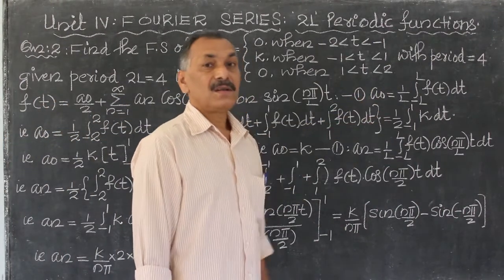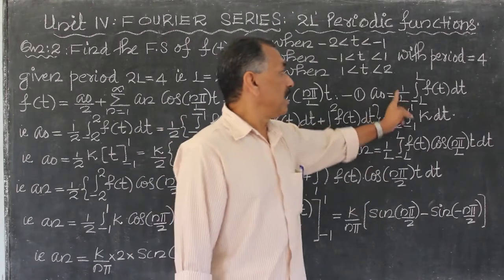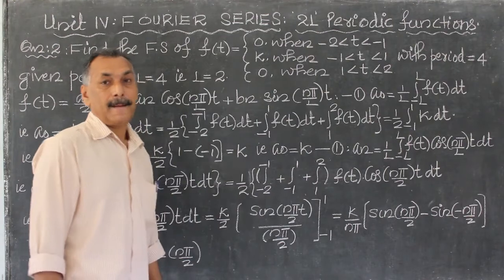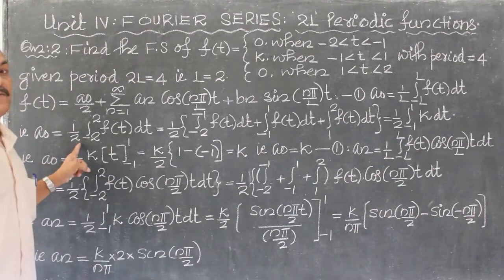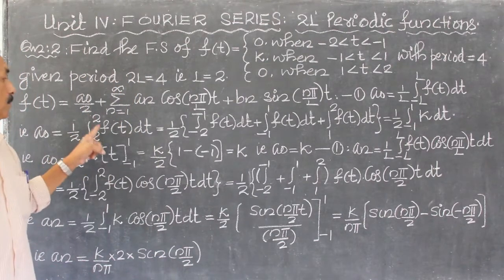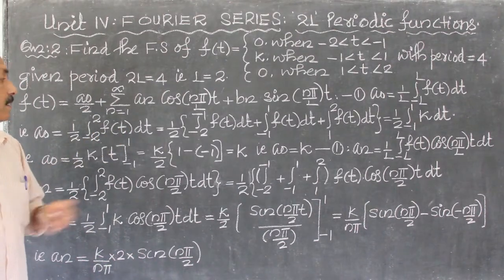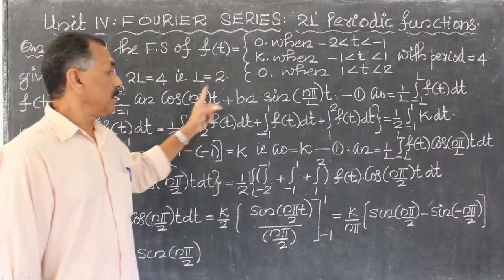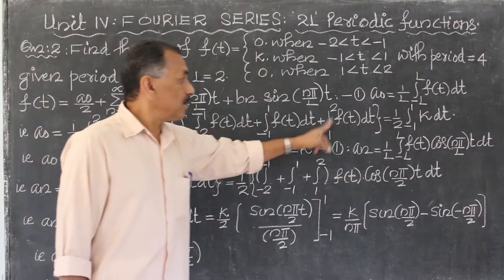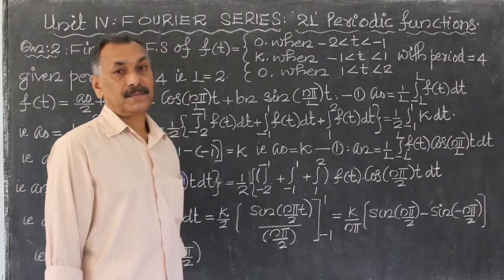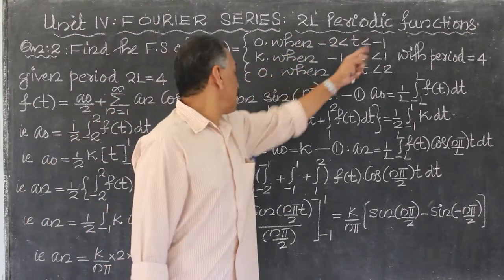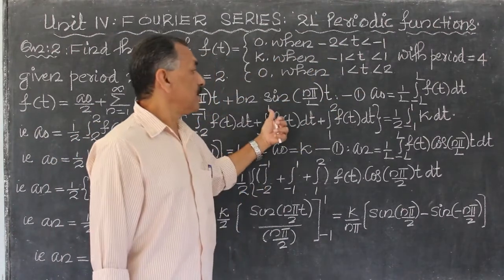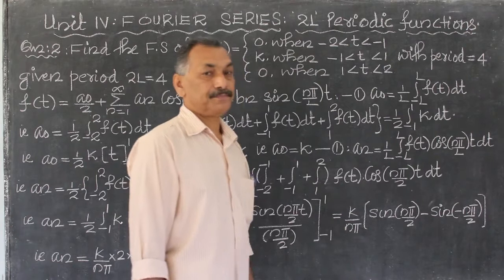What is a0? a0 is equal to 1 by l into integral minus l to l f of t dt. That is a0 is equal to 1 by 2 integral minus 2 to 2 f of t dt, which equals 1 by 2 into the integral from minus 2 to minus 1, plus minus 1 to 1, plus 1 to 2 of f of t dt.